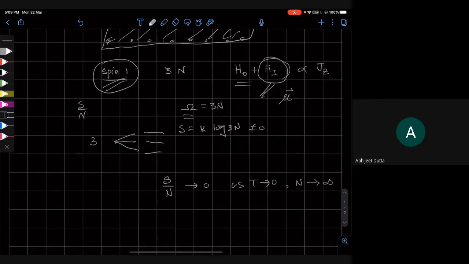Generically, the entropy is proportional to the number of states.